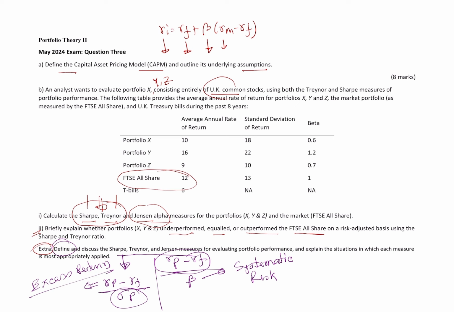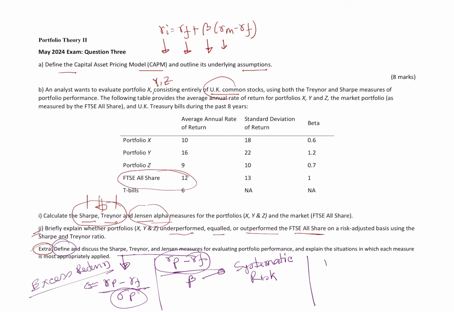This measure is appropriate when we want to do a portfolio performance evaluation in the scenario where the portfolio we're evaluating is only a small part of a large investment portfolio. It is also appropriate when you're looking at a sub-portfolio of a large fund. For example, if a manager covers a lot of portfolios, such as a sub-portfolio of a pension fund.